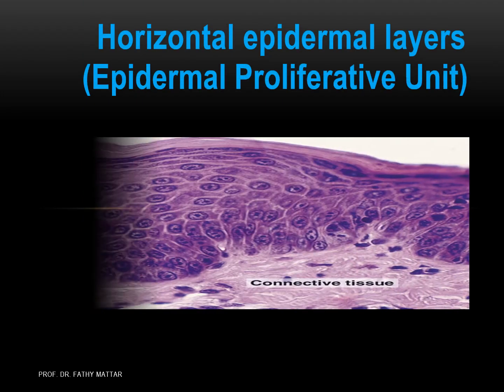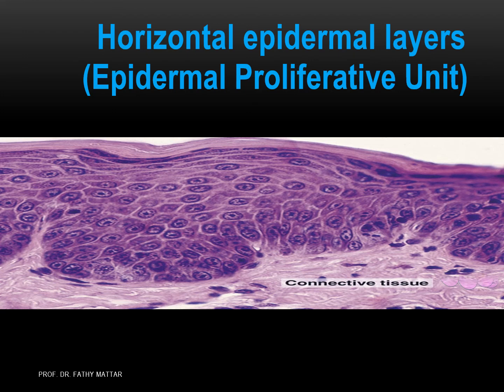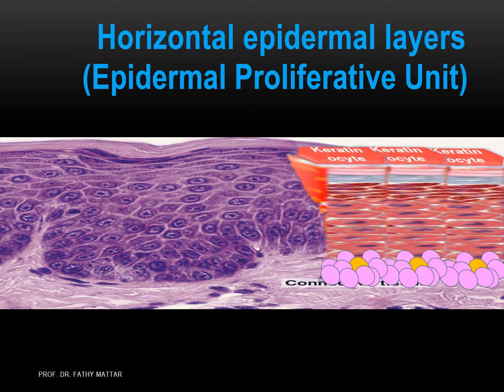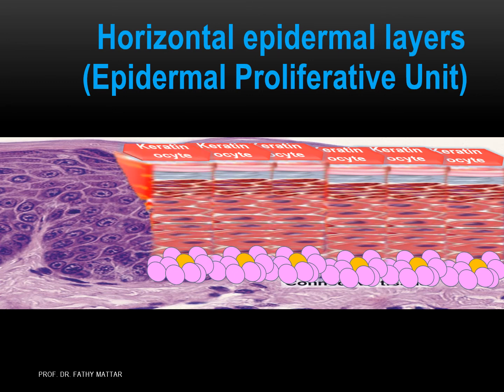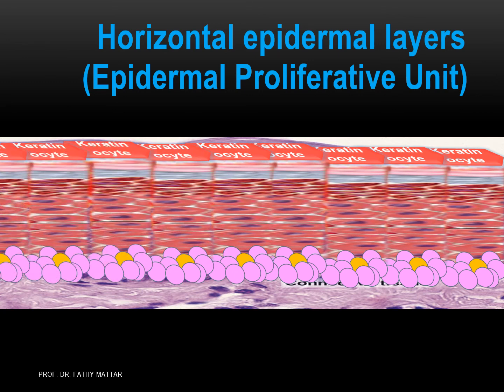So, the skin surface is covered by several epidermal proliferating units. Each of them is formed from one stem cell. Of course, any abnormality found in the stem cell will result in abnormal formation of the epidermal unit, and this will appear as abnormal structure.